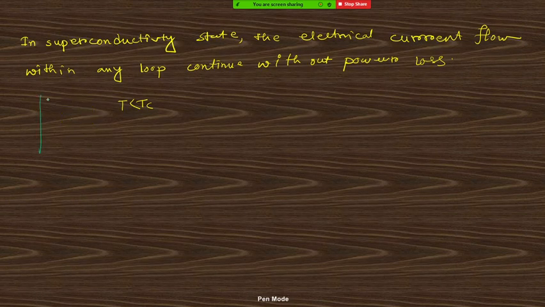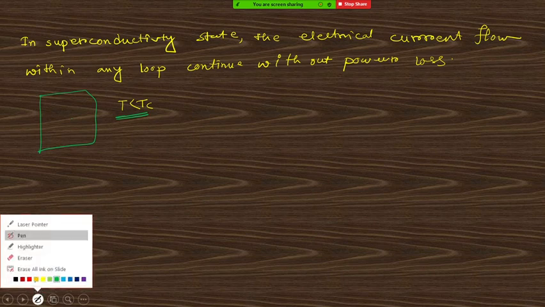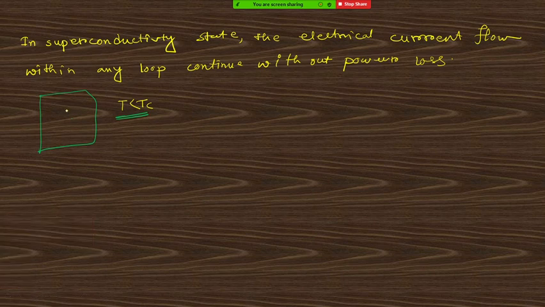Suppose this is a superconductor material, that means the temperature T is less than Tc. In this material, if you allow a loop of current to flow, this will continue without any power loss.